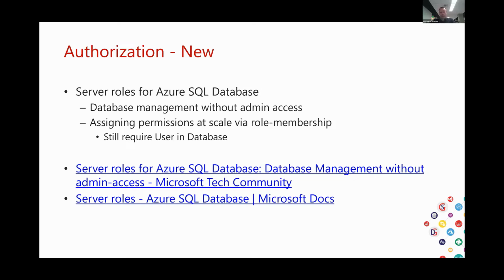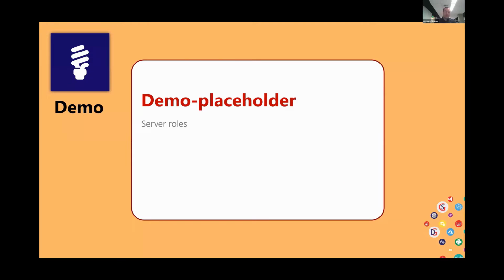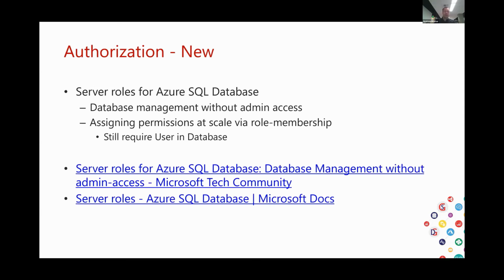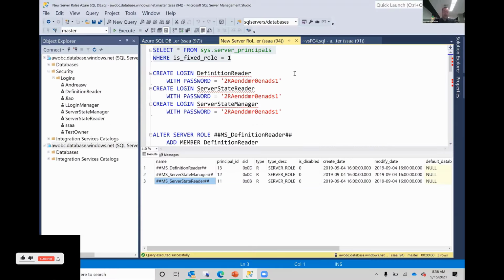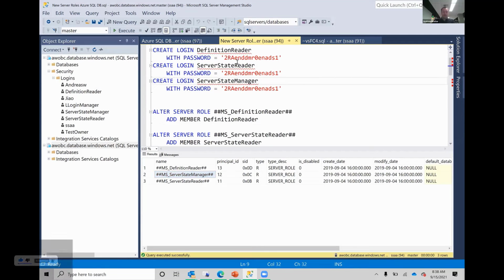Whereas when it comes to executing procedures or selecting data, in most databases you don't want the same account to look in all your hundreds of databases in the same server. That would not be such a typical example. Either way, we started with those 3 server roles, definition reader, server state manager, and server state reader. And let me show you what they actually contain.